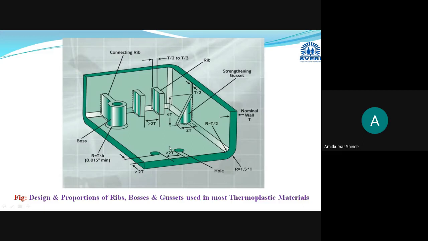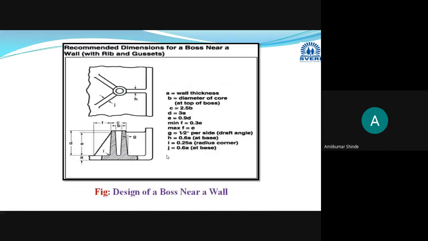One by one we will discuss how these parts are designed: how the rib is designed, how the bosses, the gusset, the radius and fillets, and the holes are designed. In this design we are going to discuss points related to their dimensions and their positioning or location.